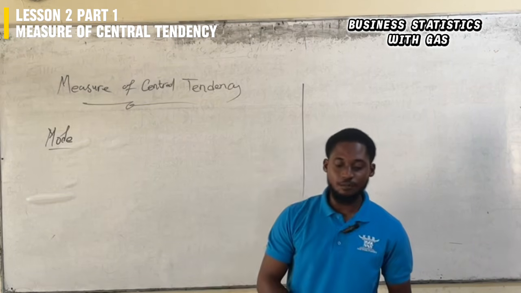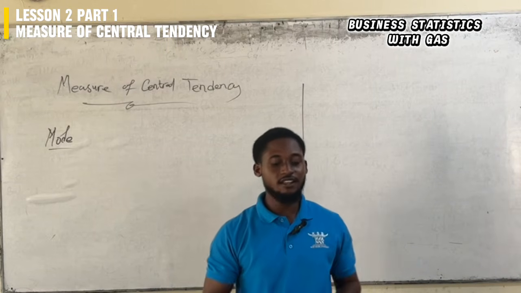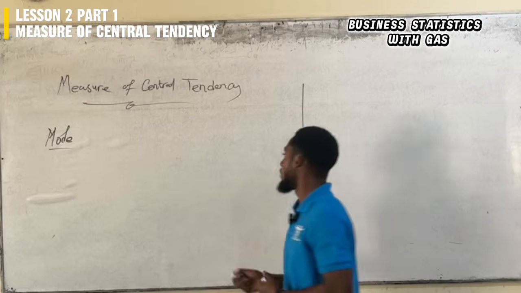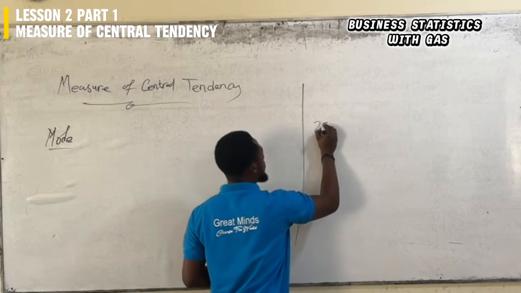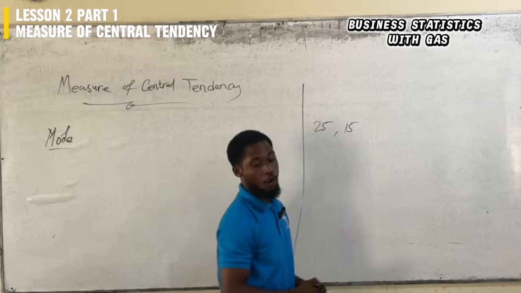So there is an example here. It says determine the mode from the following data. Remember, what we are doing is for ungrouped data.